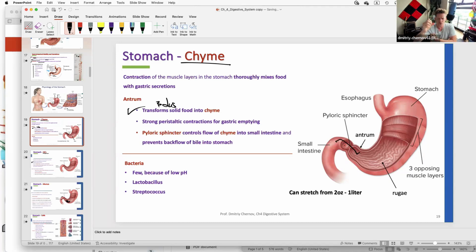Usually with each contraction, 1 to 2 ounces of chyme will be expelled from the stomach into the small intestine. We call it stomach emptying, right?